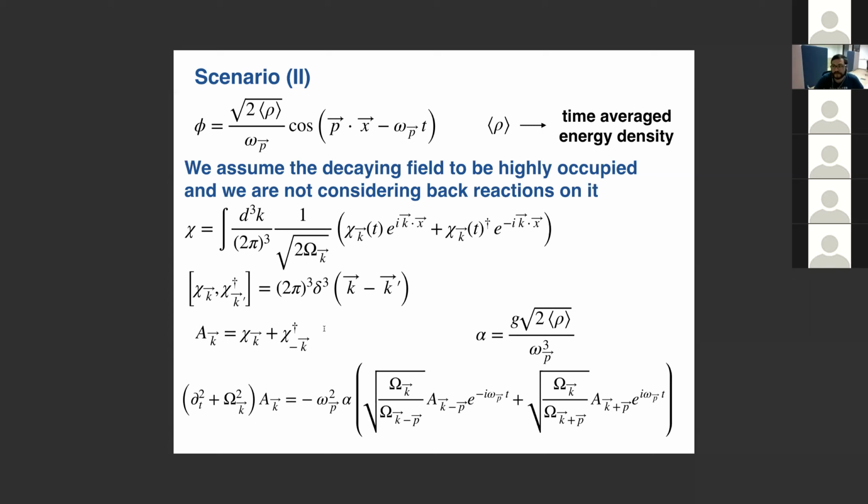As far as I understand, A is a Fourier component of the field. No, chi is the Fourier component. Wait a minute, the second line from above. In the second term, you change k to minus k, and A_k is actually a partial Fourier transform of the field, which depends on time, and it satisfies the equation for the partially Fourier transformed field.